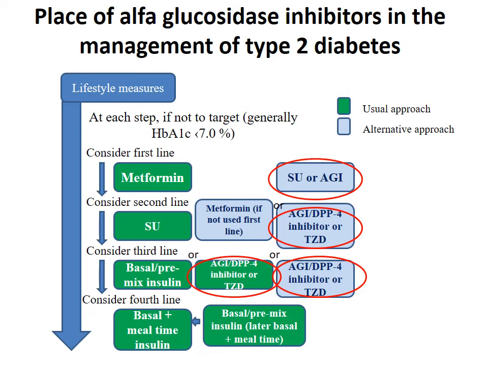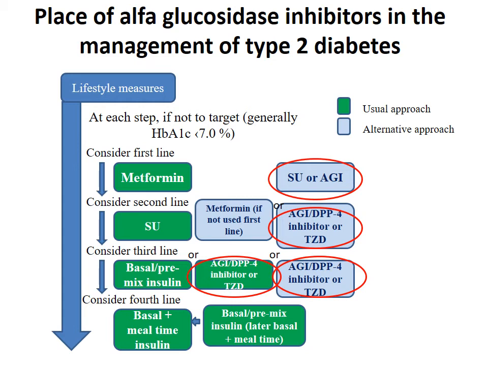If not controlled, add the drugs one by one, such as alpha glucosidase inhibitor, dipeptidyl peptidase 4 inhibitor, or thiazolidinediones. At the end, if type 2 diabetes is not controlled, the patient is given insulin replacement therapy.